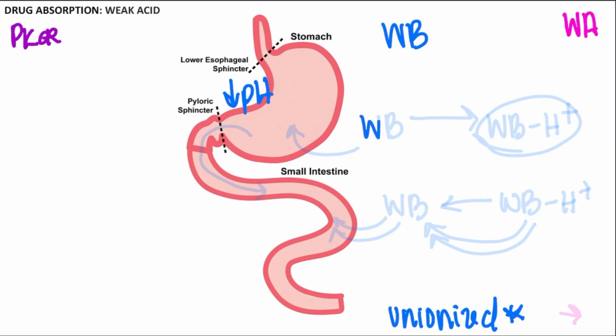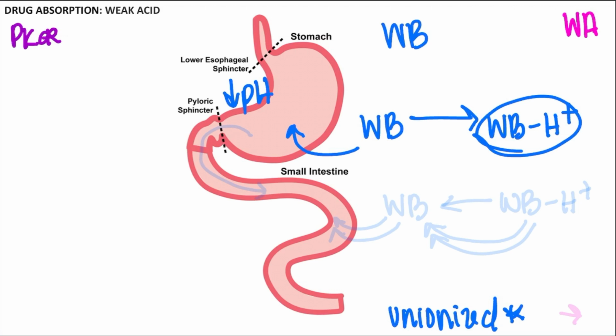So weak bases are mostly ionized because of all the protons. So there is little absorption of drug actually occurring in the stomach if we're talking about a weak base.